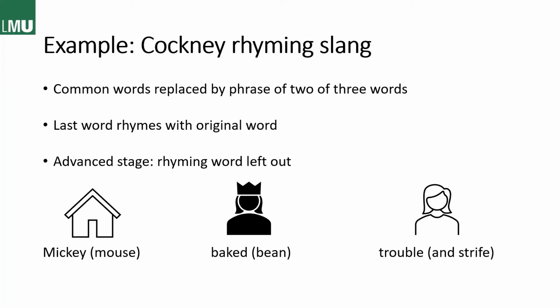Looking at these examples, we have the house, which is the Mickey Mouse, or in the advanced stage, just the Mickey. Then we have the queen, baked bean, or just baked. And the wife, trouble and strife, or just trouble. So you really see Cockney rhyming slang is something you have to be familiar with to get the picture when somebody speaks it very strongly.